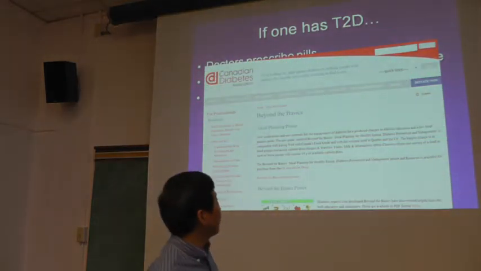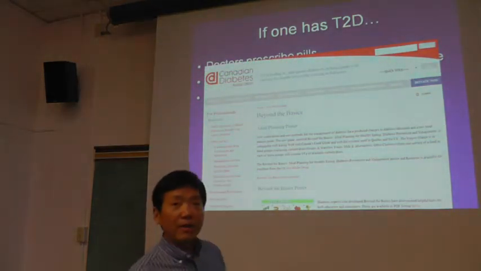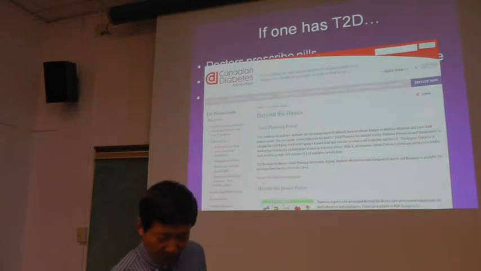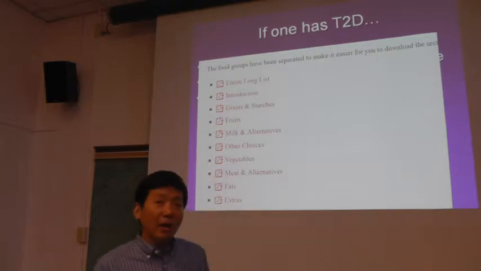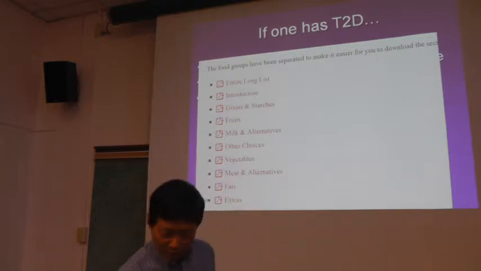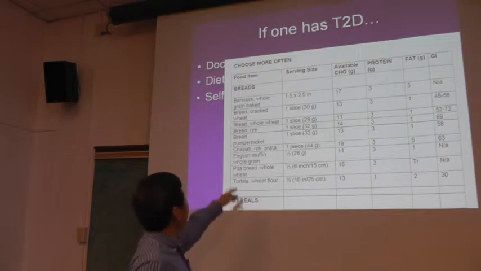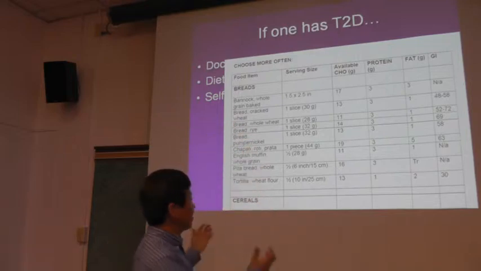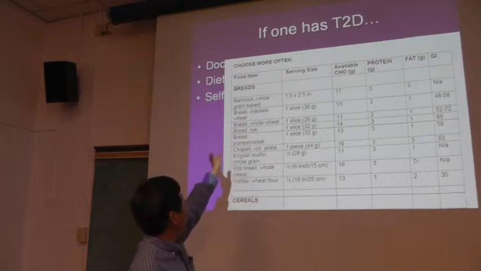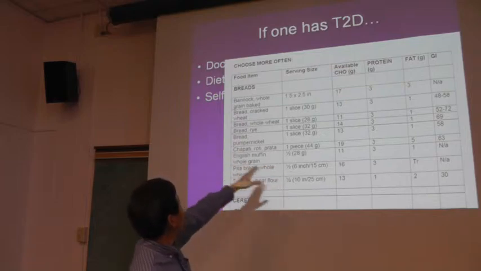For example, these are the guidelines from the Canadian Diabetes Association. As you can see, it divides food into many different categories. For each category, it has choose more often, which are supposed to be healthy foods, and also choose less often. And for each category, it has different kinds of, for example, carbohydrate here.